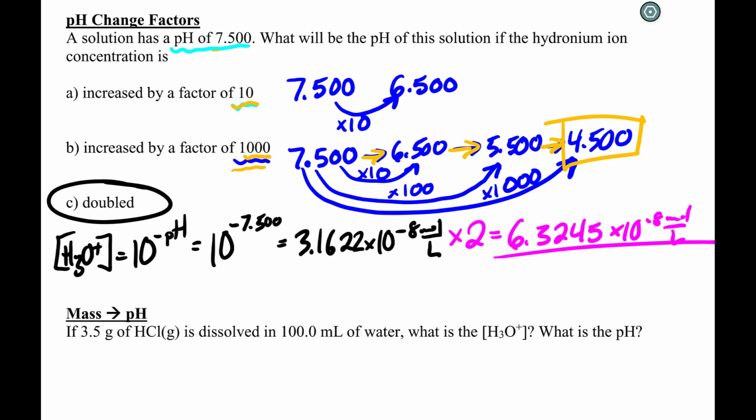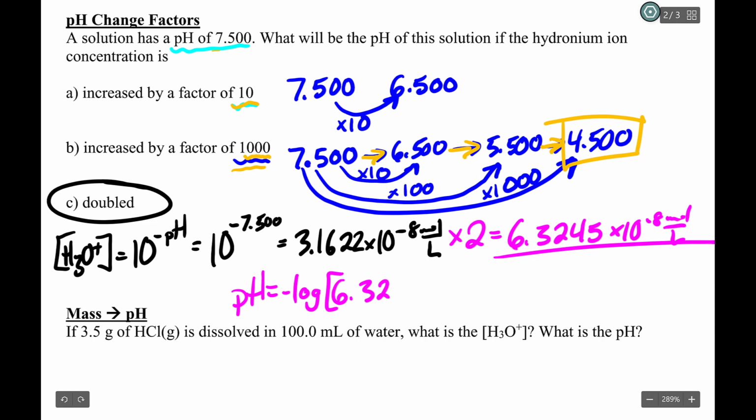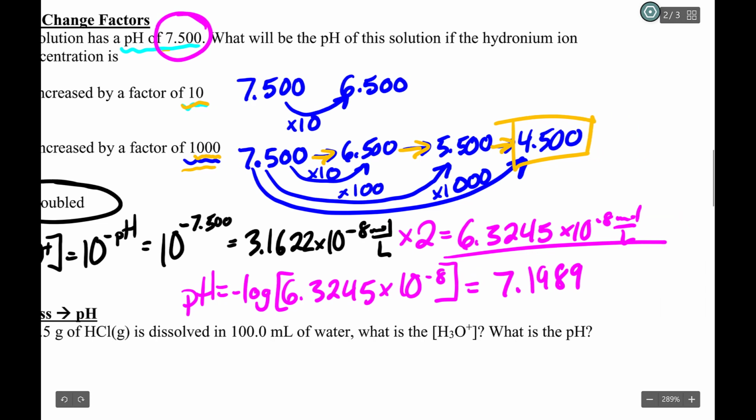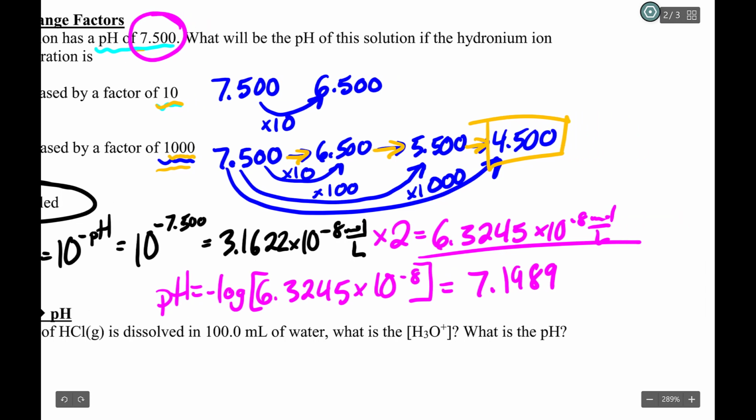Now, if I turn that back into a pH, which is what it's asking, pH is equal to the negative log of this value, so 6.3245 times 10 to the negative 8 gives 7.1989. If this has 3 decimal places, my answer needs 3 decimal places. So I underline the first 3, I circle the number behind it, and this rounds up to a 9. This would be a pH equal to 7.199.